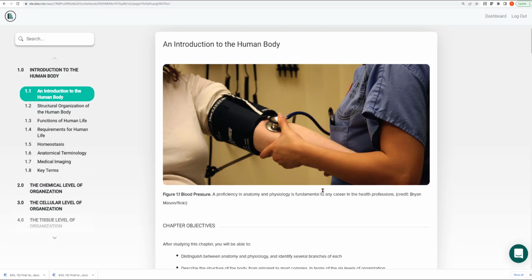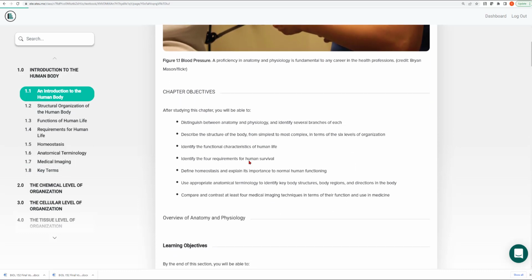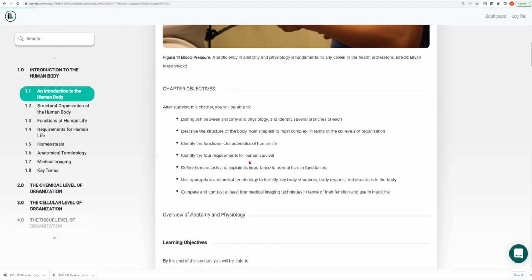Every chapter will start off with key chapter objectives. You can think of these as a study guide. If you were to ask me for a study guide for exam 1, I would likely list out these things. I would say make sure that after reading Chapter 1, you can distinguish between the terms anatomy and physiology.